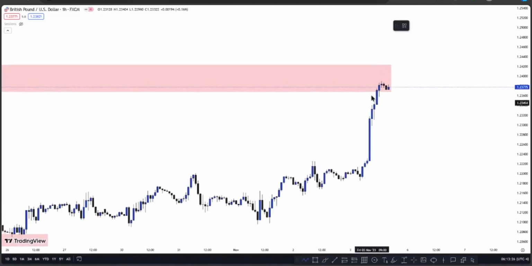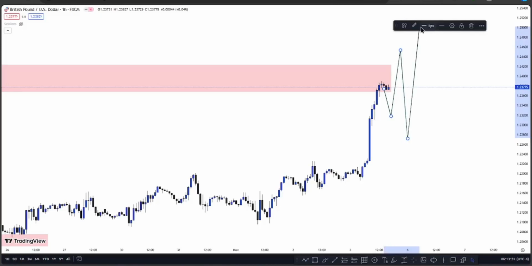But in the event that price does something like this, comes down and then goes back higher to take out this very higher time frame DOB with a candle closure, then what we will need to do is start to look for inducement, and after inducement, we look for any OB to take price higher.